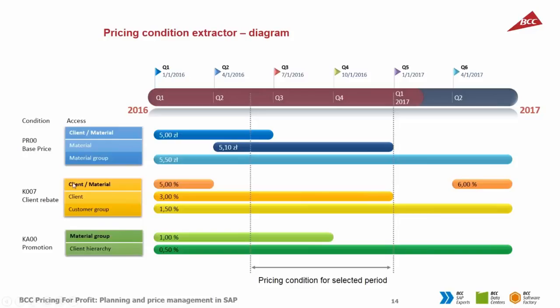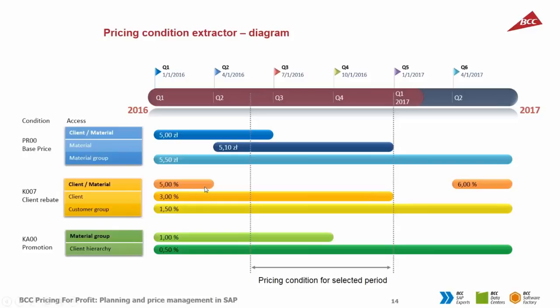In addition, we have a discount for the customer, designated as K007, which is also defined in our example in 3 access levels. In real life, usually such pricing conditions have at least a dozen accesses. And similarly, in this case, for various periods, the value of the discount will be at different levels in accordance with the graphic representation.